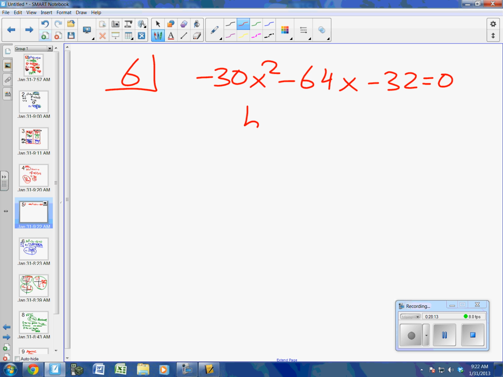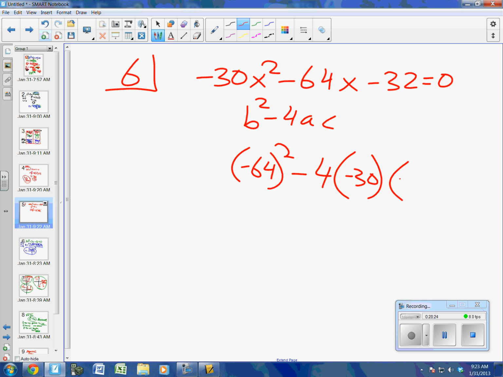Okay, so if we're going to do b squared minus 4ac, b squared would be negative 64 squared minus 4 times a, which is negative 30, times c, which is a negative 32. I would type that in your calculator exactly like that. Type that in your calculator, tell me what you get.